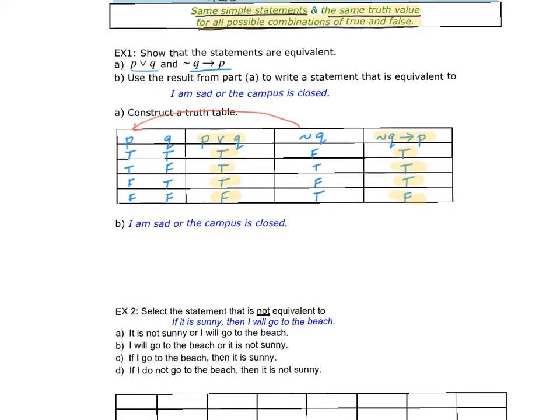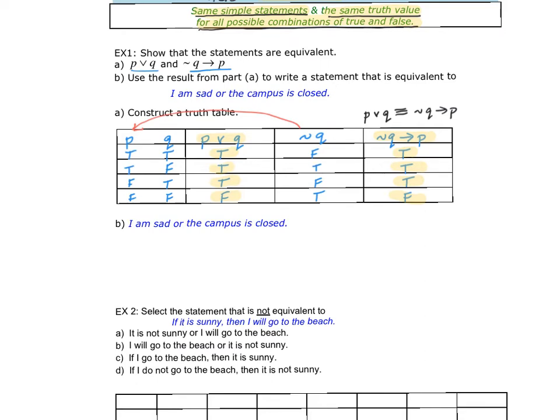So how we would write this is P or Q is equivalent. So we use those 3 dashes to if not Q, then P. So word-wise, they won't be exactly the same, but what this means is these 2 statements have the same meaning.